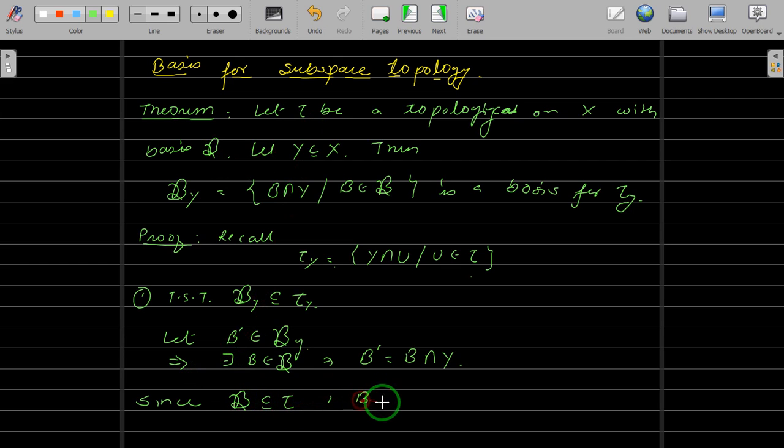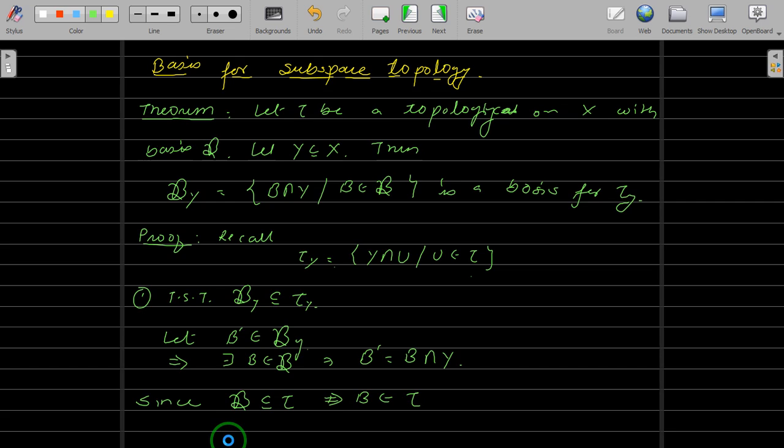This B belongs to B, and B is a subset of tau, so that implies this B belongs to tau.